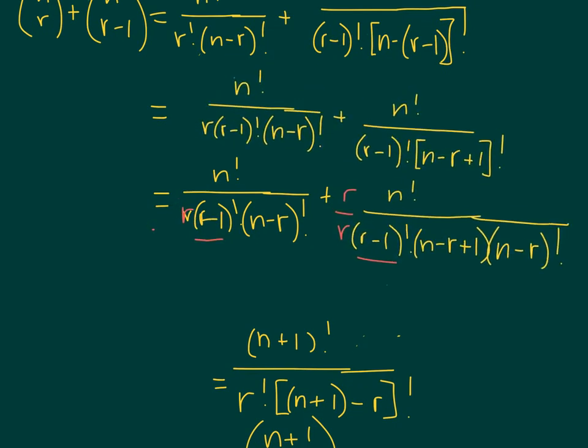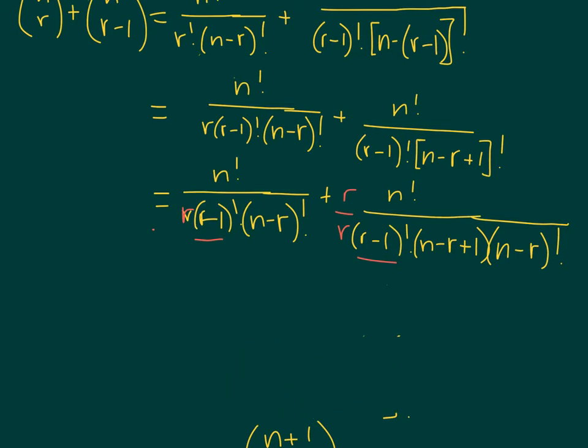I need a little more room, so I'm going to erase this. Once again, I need an n minus r plus 1 on the left-hand side. So I'm going to have n factorial, and I'm going to multiply the top by n minus r plus 1.